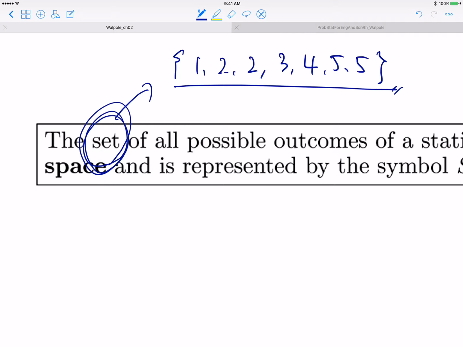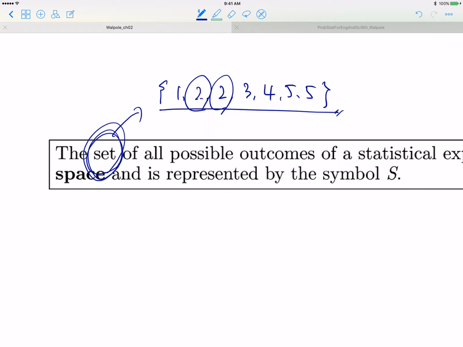This is clearly not a set because it involves redundant entries. When talking about a set, we only talk about the set of unique items, right? So we don't allow redundancies. Okay, so let's keep that in mind.